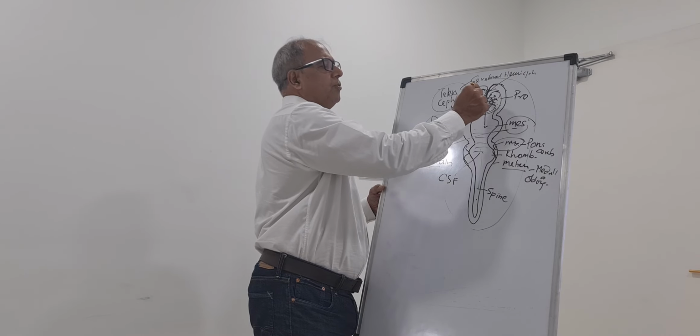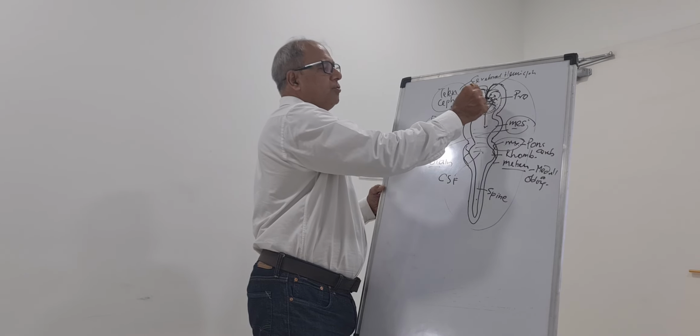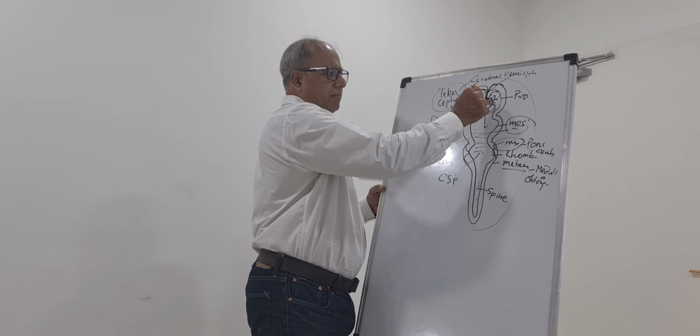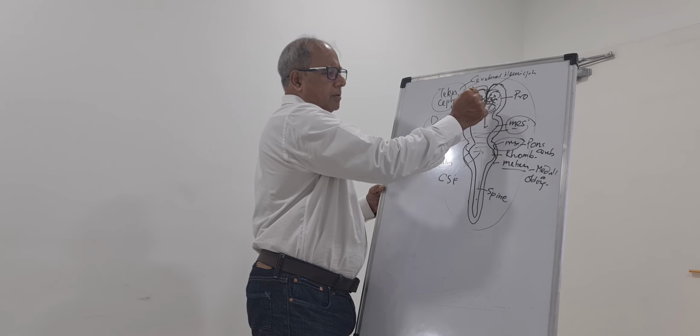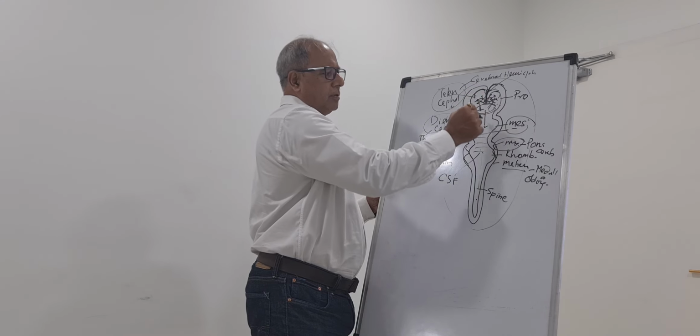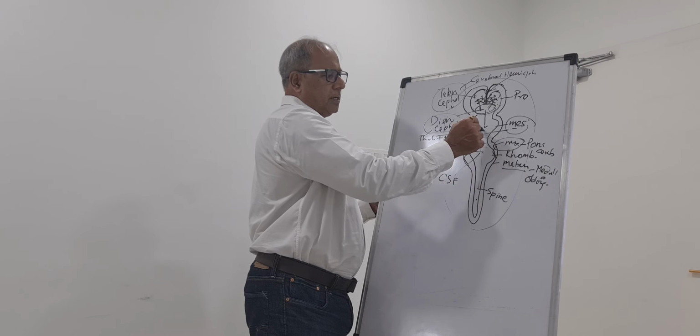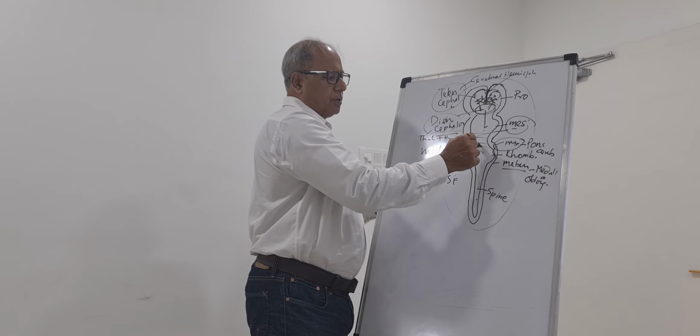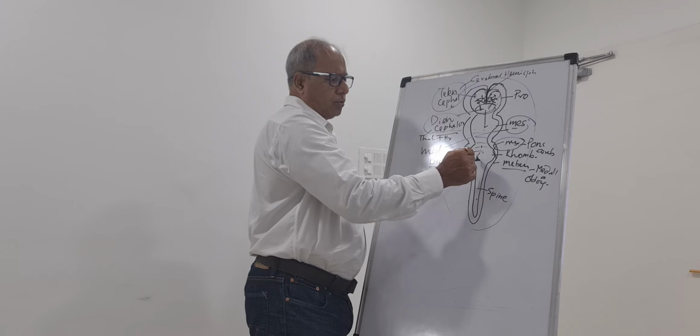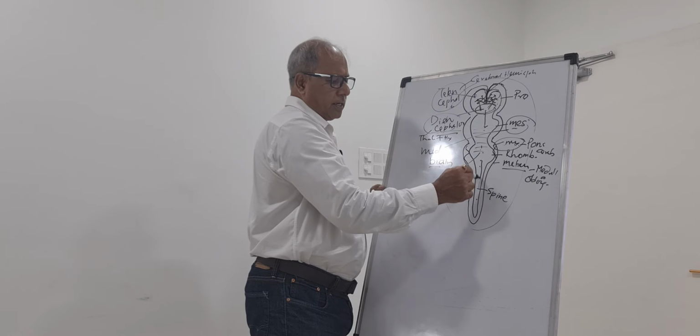This clear fluid is coming from telencephalon to diencephalon to midbrain to pons to medulla oblongata and then to the spine.